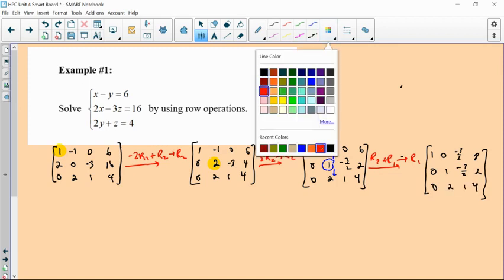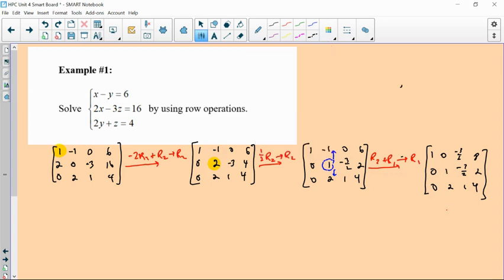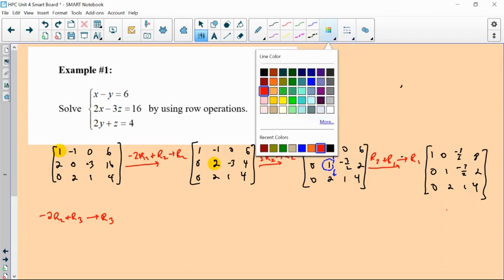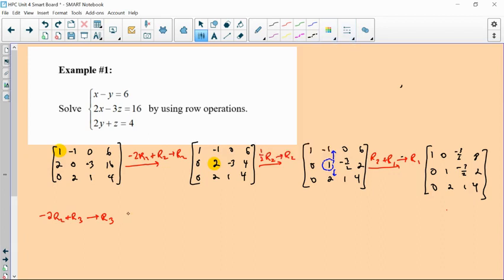Just like I said, we're going to now do negative 2 row 2 plus row 3, and let's put it into row 3. Going back to our black pen, that means row 1 and 2 are not changed. So it's still 1, 0, negative 3 over 2, 8.